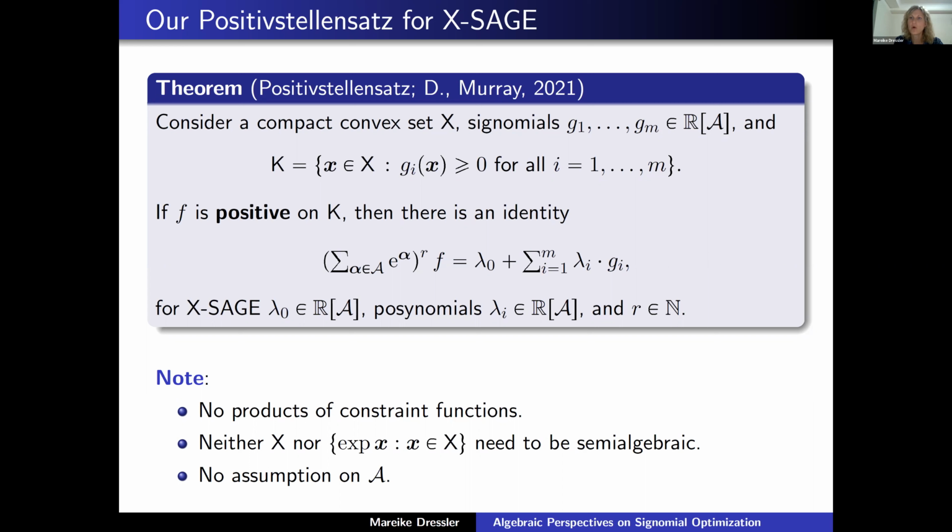And there is also one specific nice special case, namely when we don't have any additional constraining Signomials g_i here.